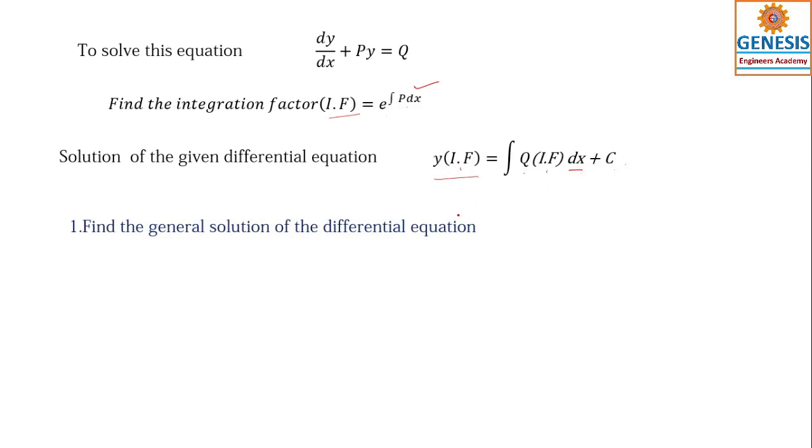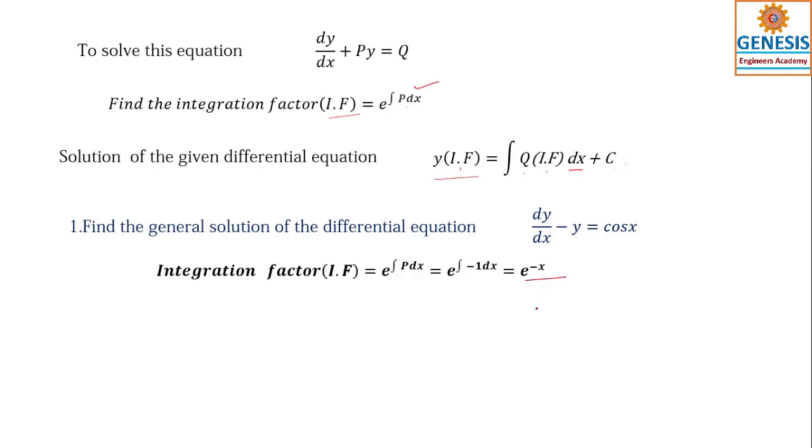We will solve one problem to have a better understanding. That is dy by dx minus y is equal to cos x, and the integrating factor is equal to e to the power of integral p dx, and you get this.